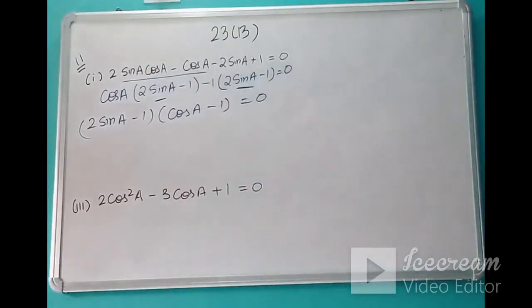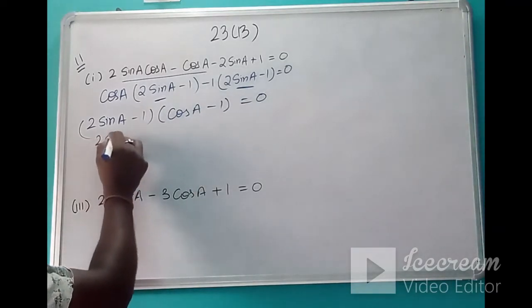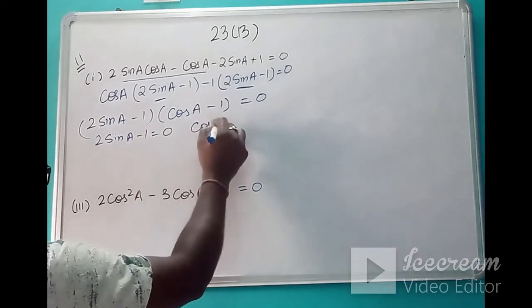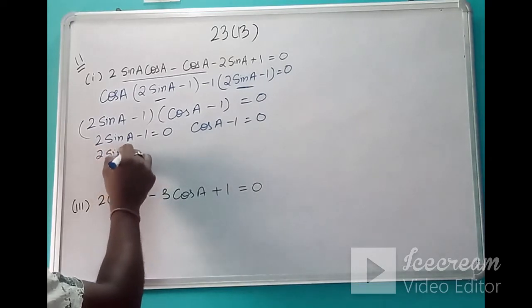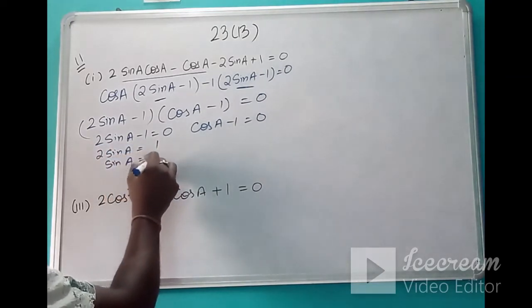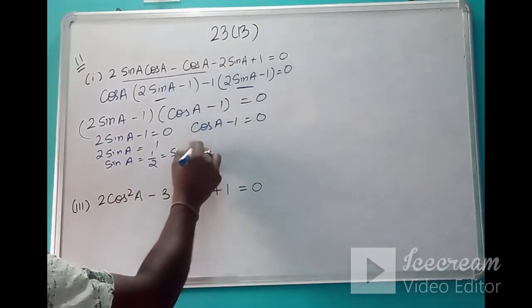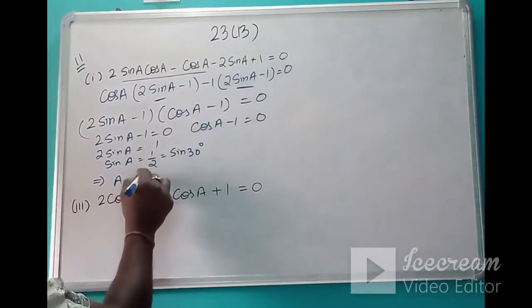So finally this is reduced into the same type of equation that we have solved previously. So I will take 2 sin a minus 1 is equal to 0 and cos a minus 1 is equal to 0. So it is 2 sin a is equal to 1, sin a equals 1 by 2, and when sin is 1 by 2, it is 30 degree, that means a is equal to 30 degree.